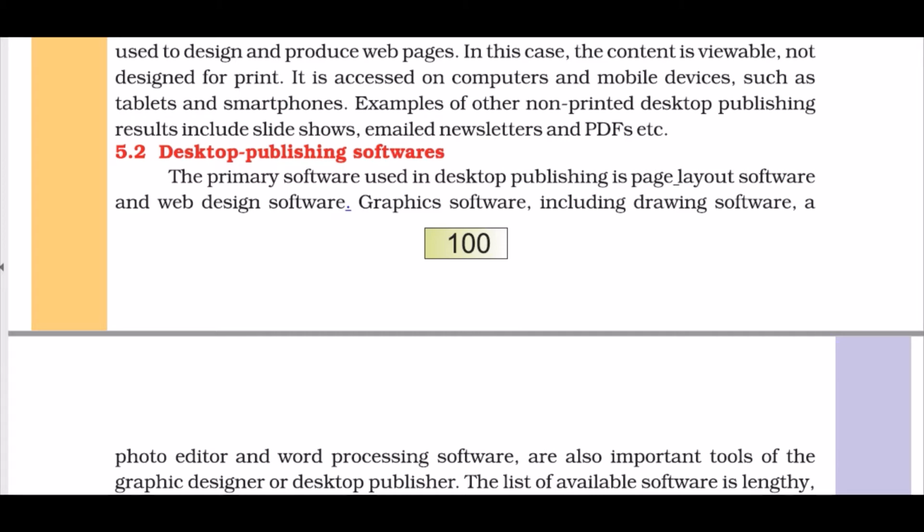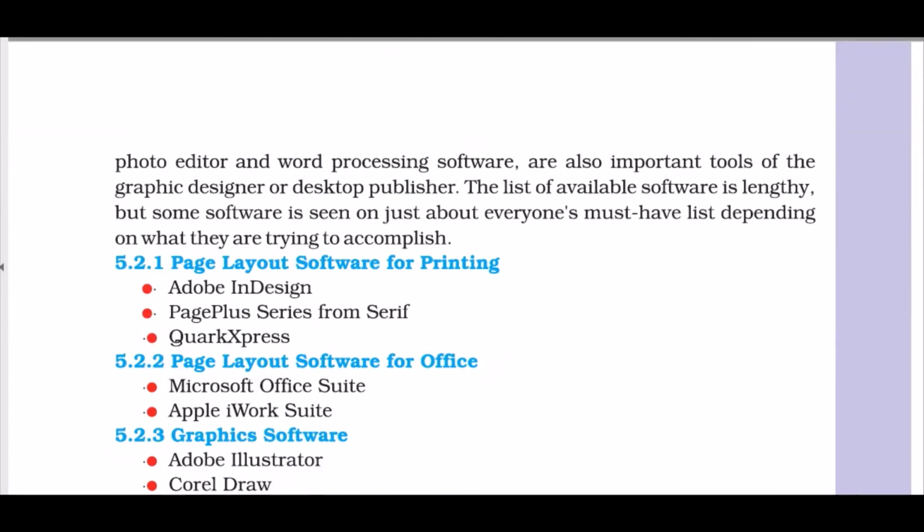And second, web designing software. Web designing software is where you publish online. Now basically there are two types, printable media and online media. Graphic softwares include drawing software, photo editor, and word processing software, which are also important tools of graphic design or desktop publishing.